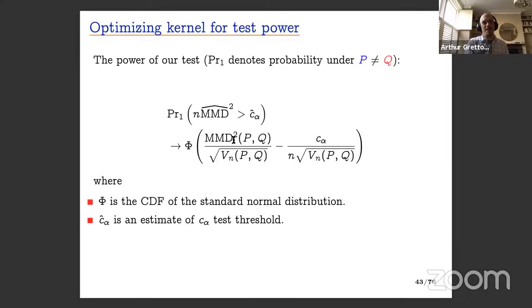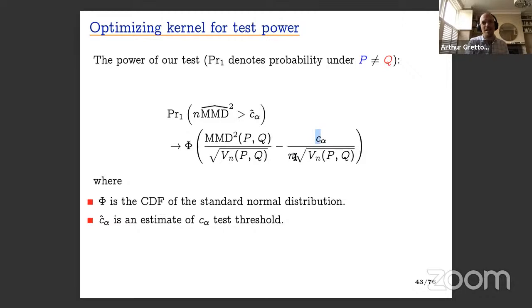So what's interesting is that the probability distribution under the alternative, as you'll recall, has a simple Gaussian form. So that means that I can write this probability as the CDF of the standard Gaussian of this quantity here minus this quantity here. What I've done first of all is that the probability of n times MMD exceeding this threshold is the probability of MMD exceeding this threshold divided by n.